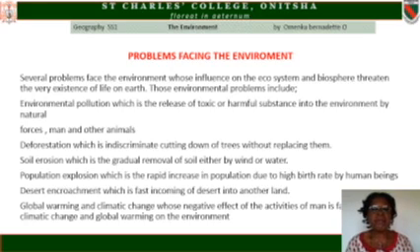Then the next problem is deforestation, which is indiscriminate cutting down of trees without replacing them. Another one is soil erosion, which is gradual removal of soil either by wind or water. Population explosion, which is rapid increase in population due to high birth rate by human beings.